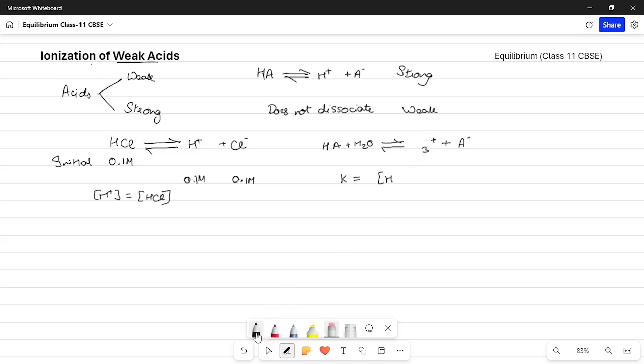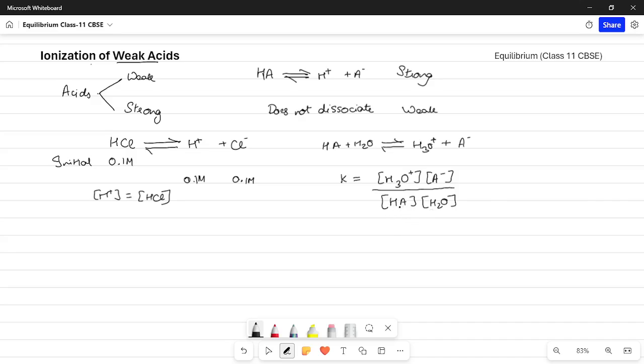I meant to take this reaction. So the value of K will be equal to the concentration of H3O plus into the concentration of A minus, whole divided by the concentration of HA into the concentration of H2O. This is the equilibrium equation.